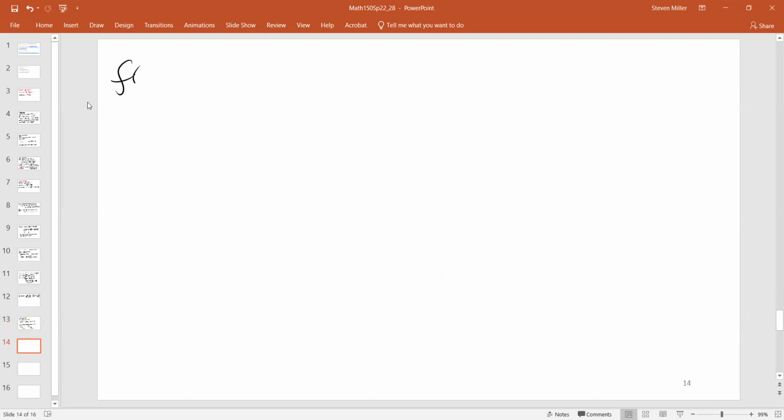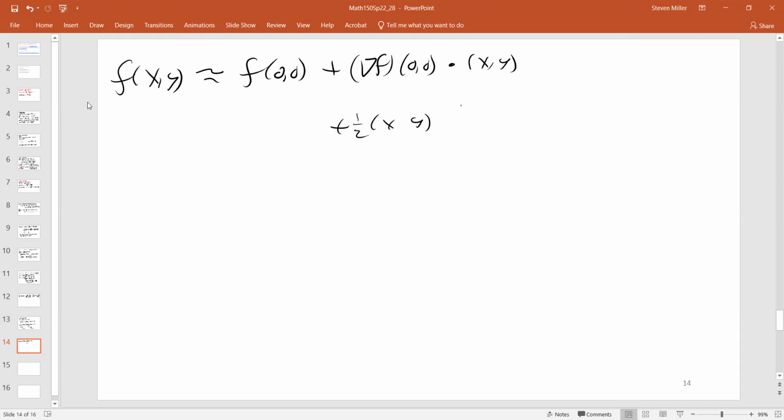So if I give you f of x, y, this is approximately f of 0, 0, plus the gradient of f at 0, 0, dotted with x, y, plus 1/2 x, y, the Hessian of f at 0, 0.